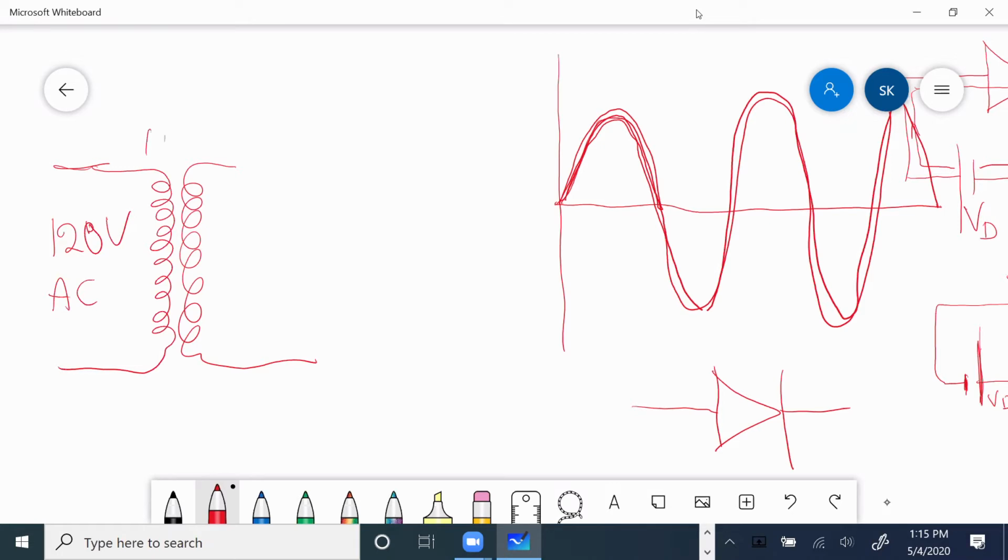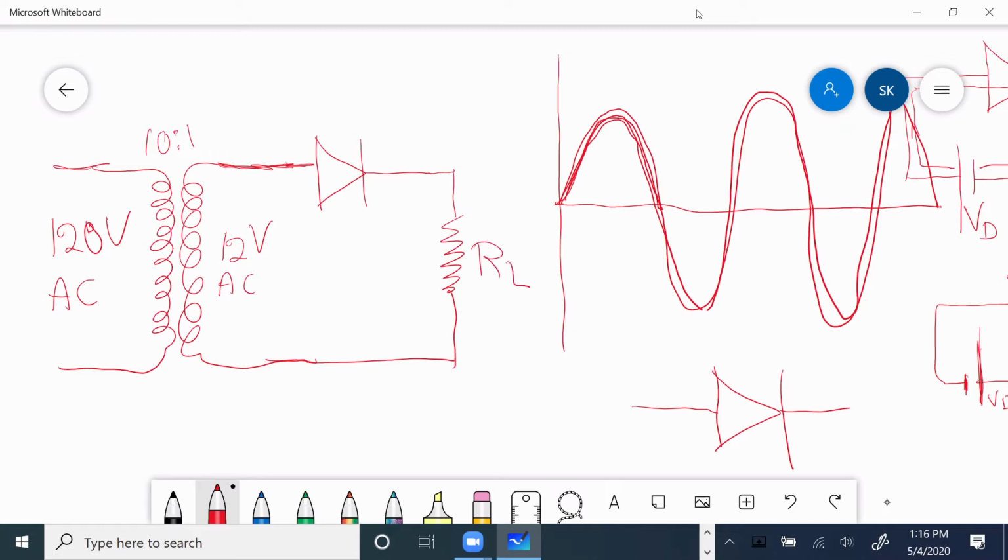And this is, for example, a 10:1 ratio for this transformer. We're going to have 12 volt AC there, right? Do you agree? Right. Now, I'm going to put a diode there. And then I will put a load, whatever that load may be, just a piece of resistor would do for now.